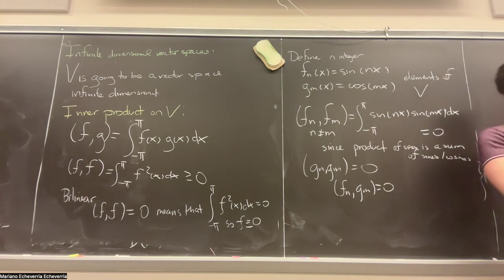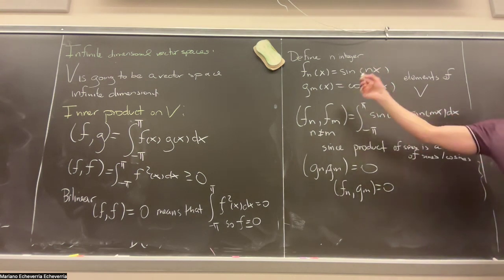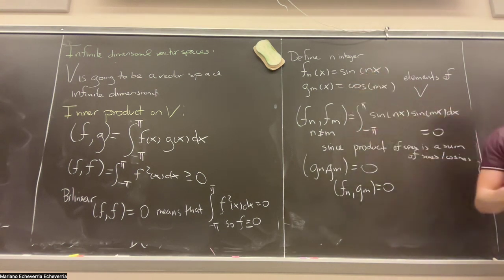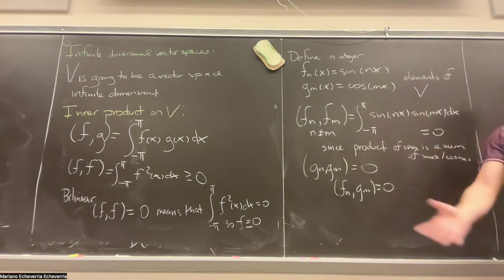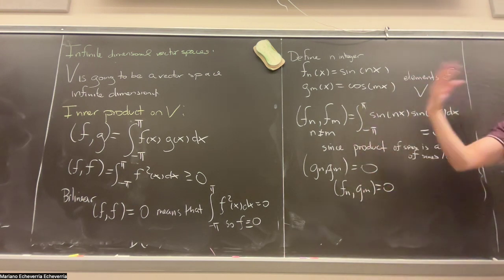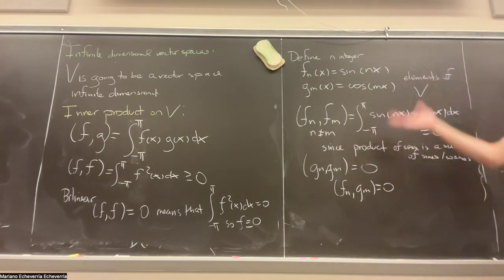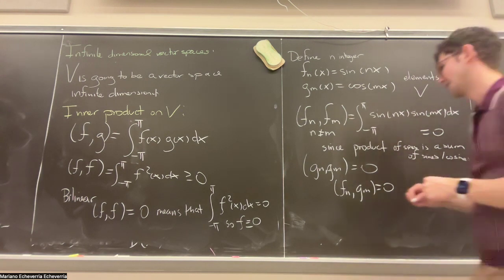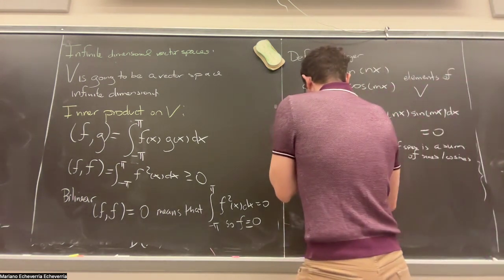And if you remember from linear algebra, when you have a set of vectors which are perpendicular, they're automatically linearly independent, right? Since there's no restriction on how large the integer n or m can be, you have an infinite collection of linearly independent vectors in the vector space itself.